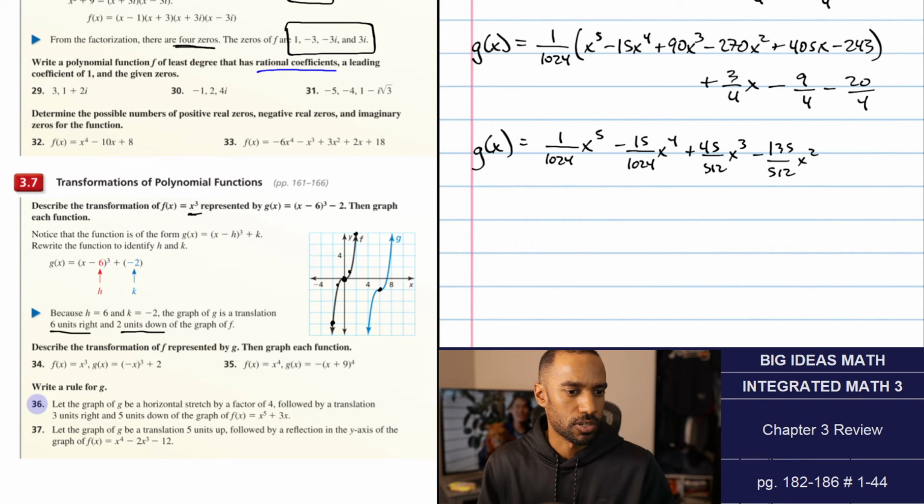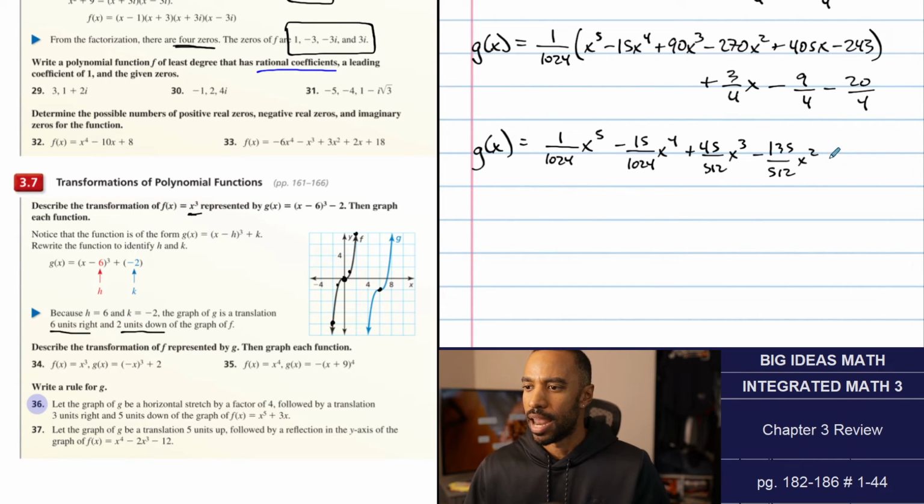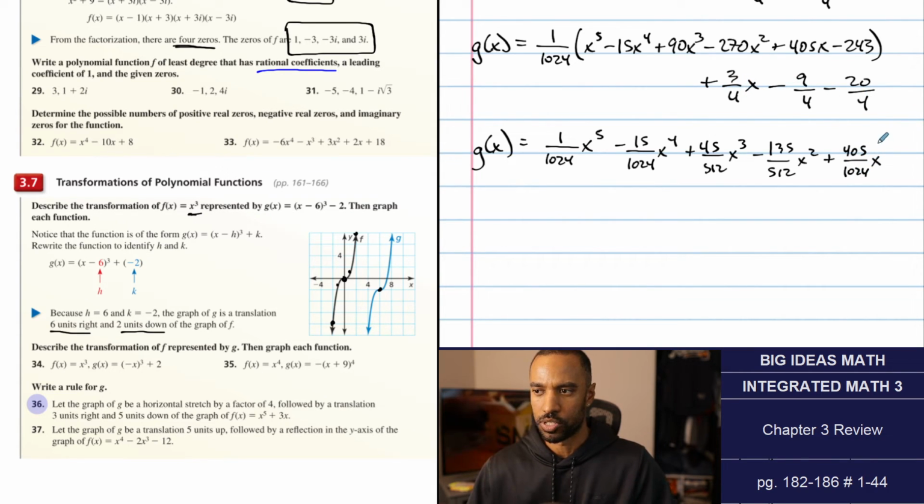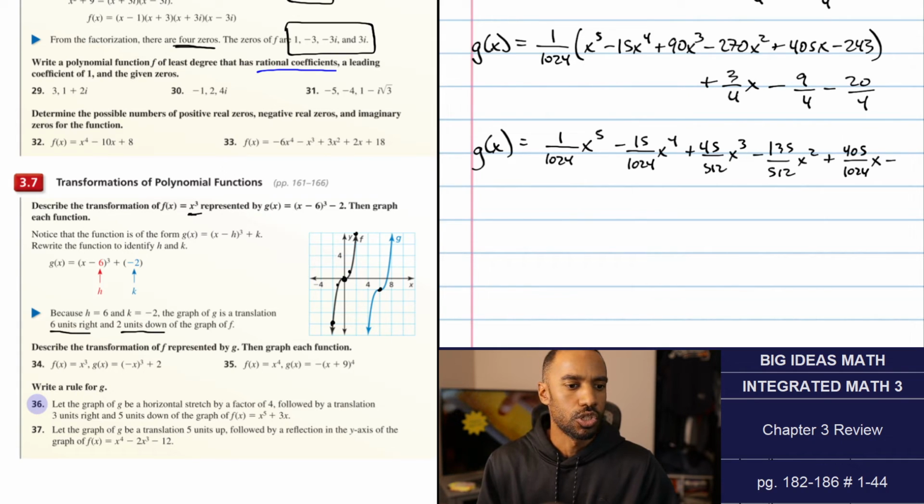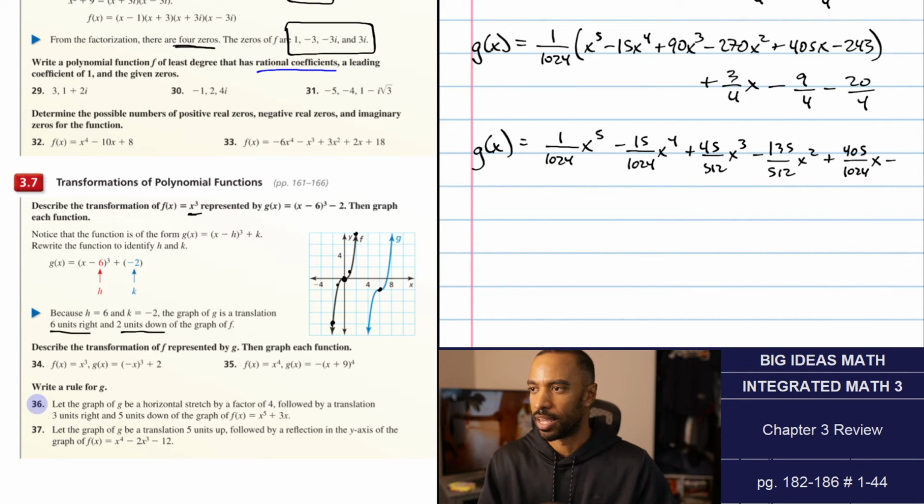This might not reduce. Let's see. 1024 is just a lot of multiples of 2, so yeah, that can't reduce. Now, given that, 405 over 1024x. Remember, there's a plus 3/4 x that needs to combine with this. 243 over 1024, I also imagine cannot reduce because those are powers of 3 over powers of 2. Yeah, that can't reduce.